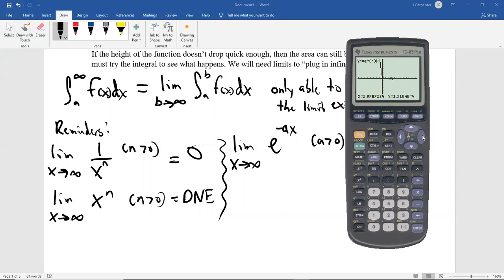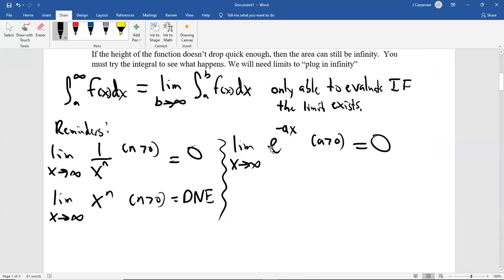And as I keep moving right, these e's just mean move the decimal left that many times. So this is 0.00013. Now we're at 0.0000079, blah, blah, blah. I mean, this thing is just practically writing the x-axis. That's that horizontal asymptote we see with exponential decay functions. So that limit goes to 0.